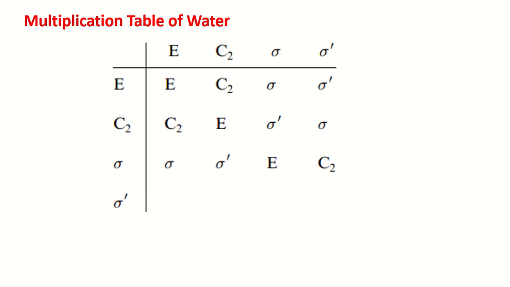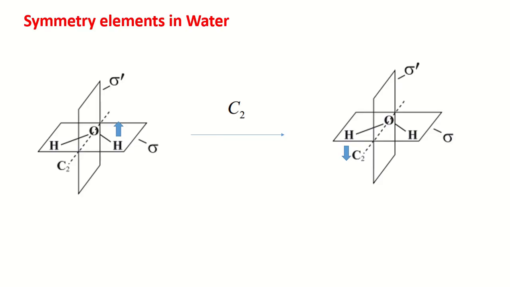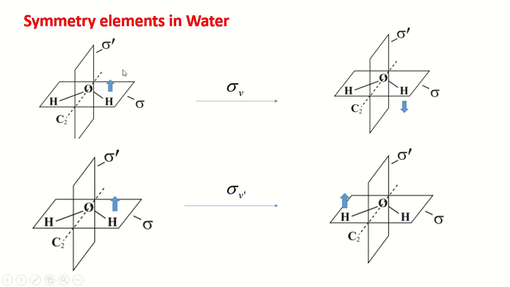We need to apply sigma dash with the other symmetry operations in the row. Sigma dash with the identity, the resultant would be sigma dash. Sigma dash applied with C2: first we apply sigma dash, then C2. If we apply sigma dash, the arrow will appear on the other hydrogen atom in the same direction, upward.